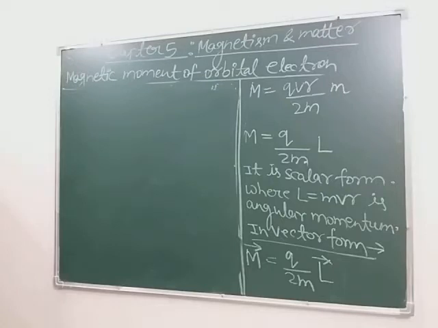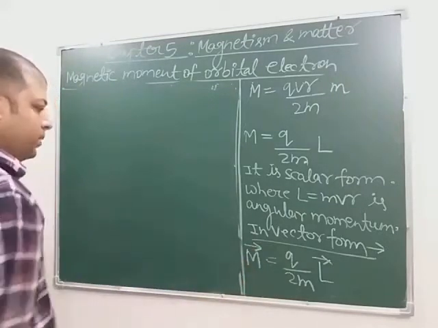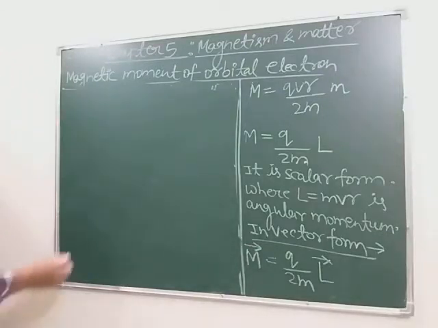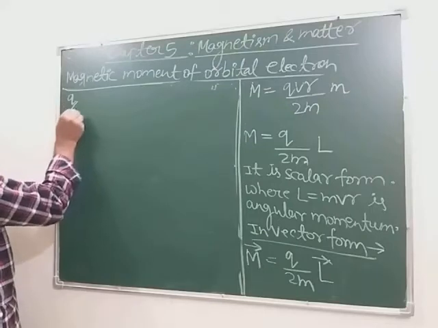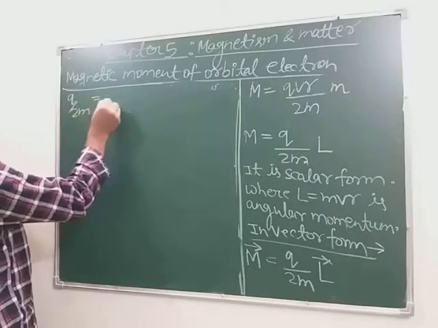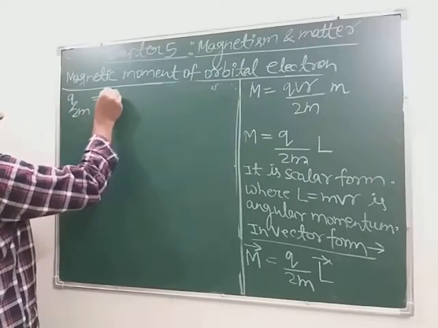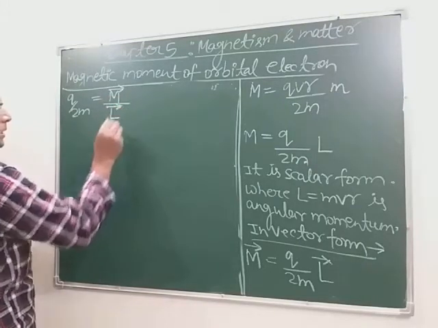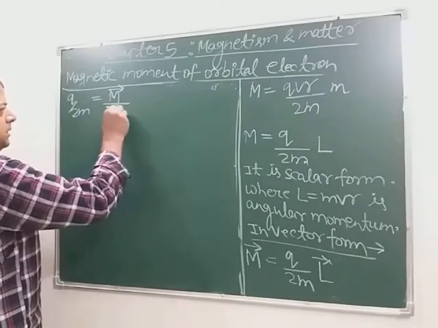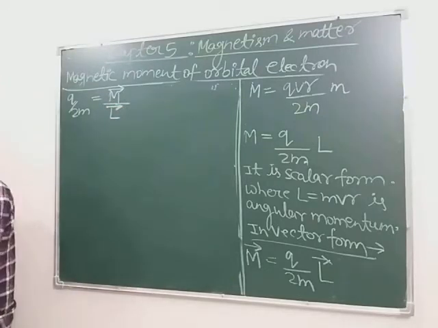Now look at the board. q by 2m is equal to M upon L. So we can write here q upon 2m is equal to M upon L. Okay. So write down about this term q by 2m.